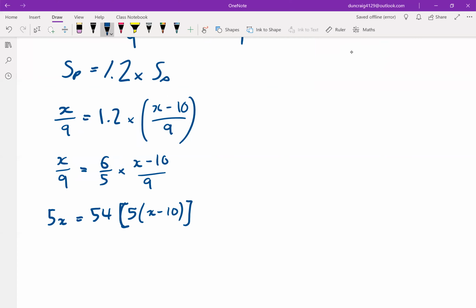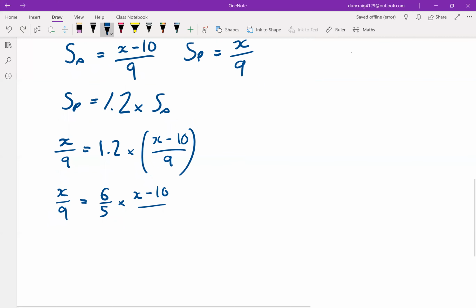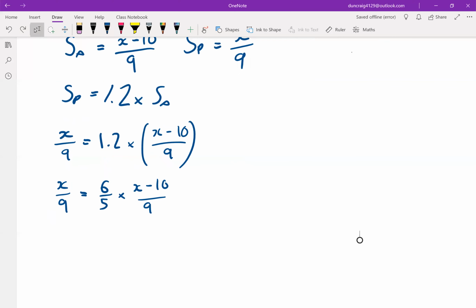Let me make those square brackets. So essentially, let's do all that again. What we're going to do is multiply everything by 45.